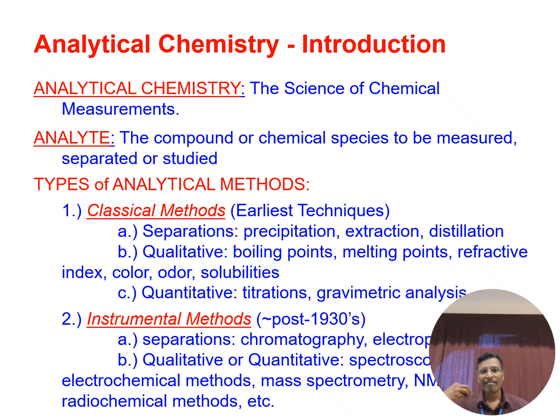But nowadays, there are techniques like chromatography and electrophoresis. In olden days, precipitation and extraction meant you had to do it manually. Whereas now, with chromatographic techniques, if you want to isolate the components, preparative chromatography is used.